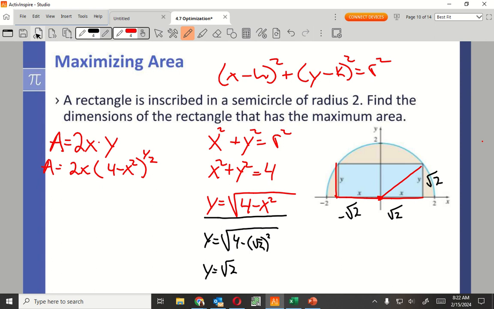Okay? So from there, let's figure out what my area is going to be. So my area now could go back to this one right there. So the area is going to be 2 times radical 2 times radical 2. So there's my x and my y.